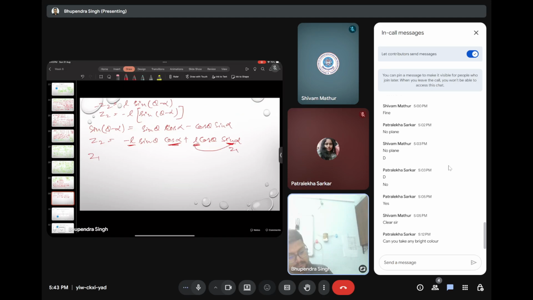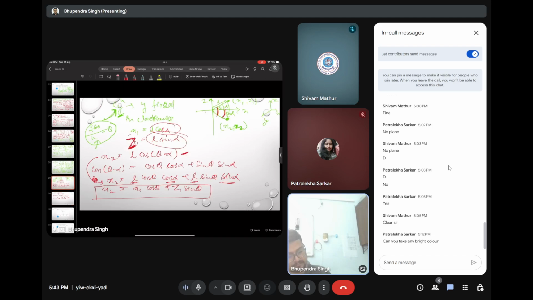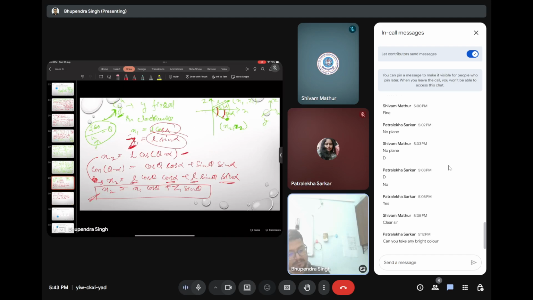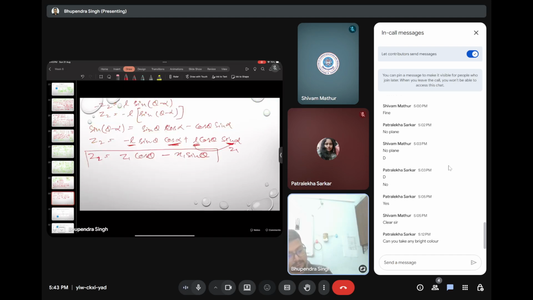So z2 will be z1 cos theta minus x1 sin theta, because L cos alpha is x1. So now we know the new Cartesian x2 and z2, and y1 is equal to y2 because we are rotating along that direction only.